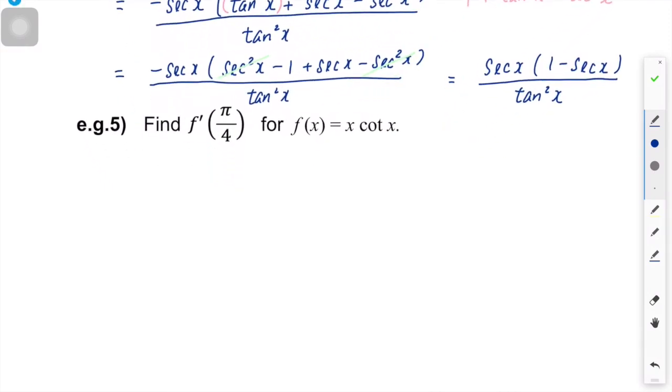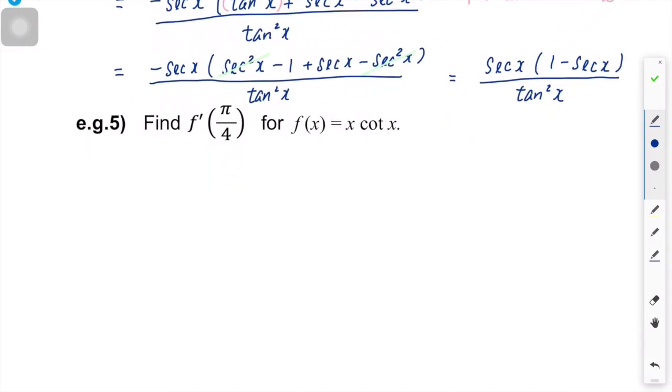Lastly, let's go over example 5. You're going to find f prime of pi over 4 for f of x equals x cotangent x. So let's begin by taking the derivative of the function using product rule. Derivative of x, 1 times cotangent x, plus x times the derivative of cotangent x, which is negative cosecant squared x.